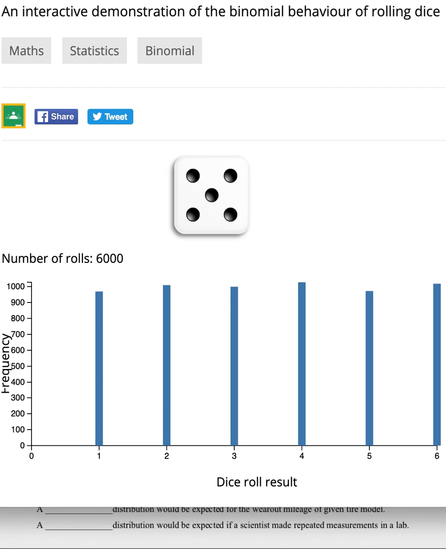So after 6,000 rolls, we can see that each face of the die 1 through 6 occurred about 1,000 times. And the distribution is nearly perfectly rectangular.